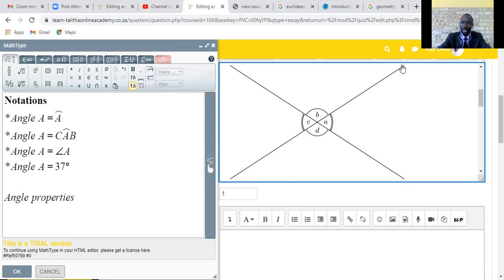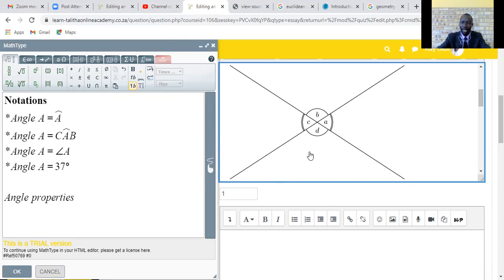These two lines meet and they still continue to go. Between them, we have angle A, angle B, angle C, and angle D. Now, we would like to investigate how these angles are related. What are some of their properties? That is one thing we want to know in this investigation.